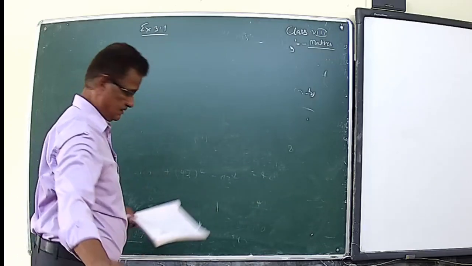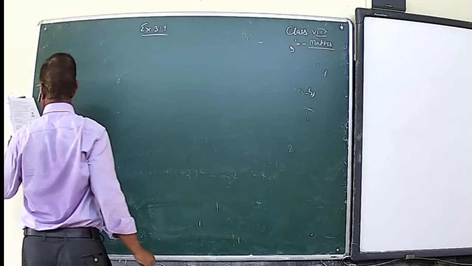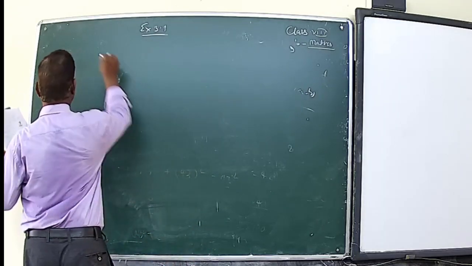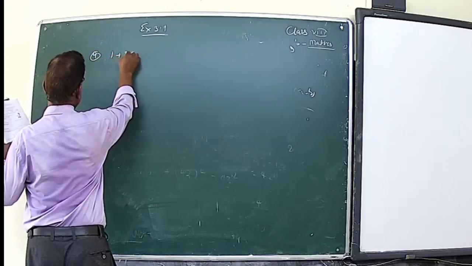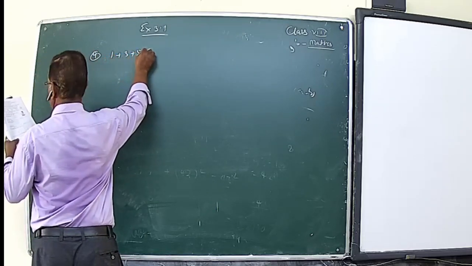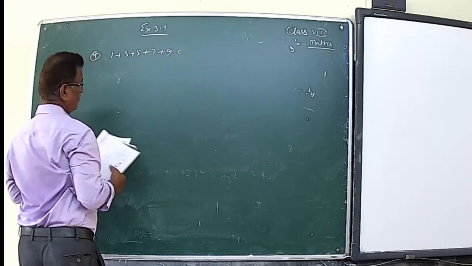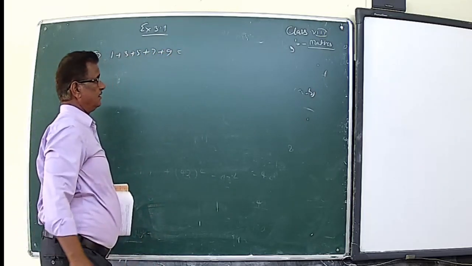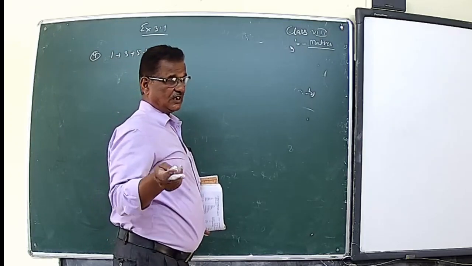Now guys, we find the sum of the following using the pattern of squares. 1 plus 3 plus 5 plus 7 plus 9. You know guys, the sum of one odd number is the square of 1.